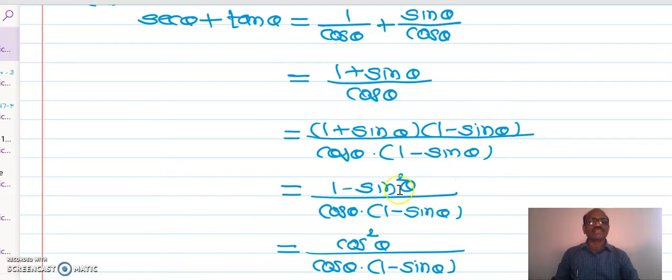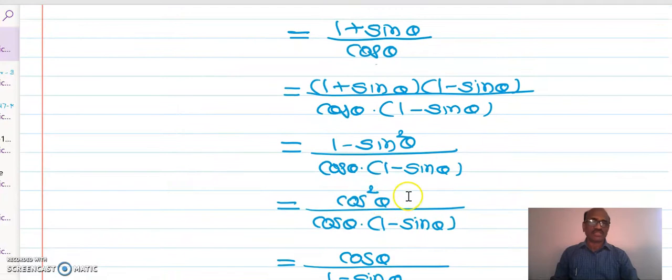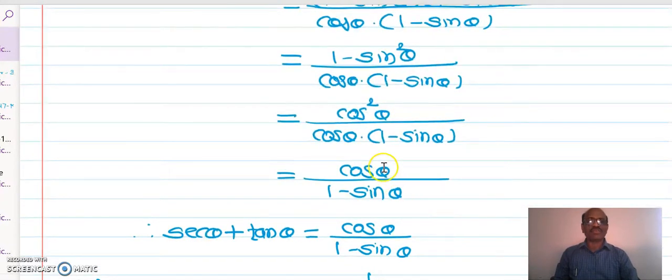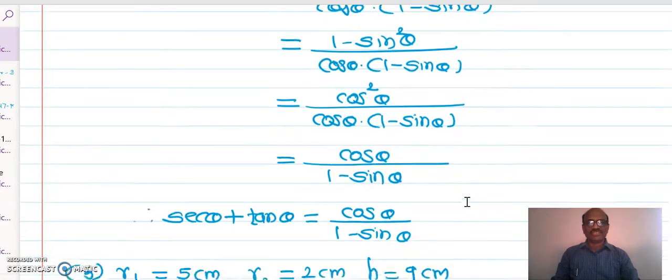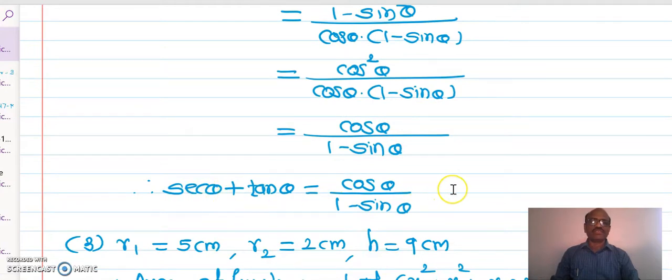Now what is 1 minus sin square theta? It is the basic identity, sin square theta plus cos square theta is equal to 1. Therefore 1 minus sin square theta is cos square theta. Now this cos can cancel and we get cos theta upon 1 minus sin theta, and that is our RHS. Hence LHS is equal to RHS, that is, sec theta plus tan theta is equal to cos theta upon 1 minus sin theta.